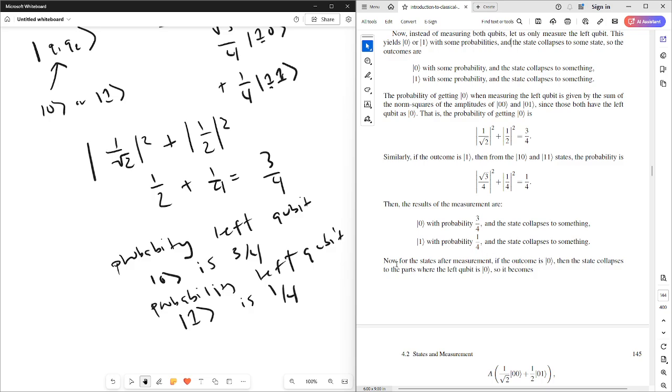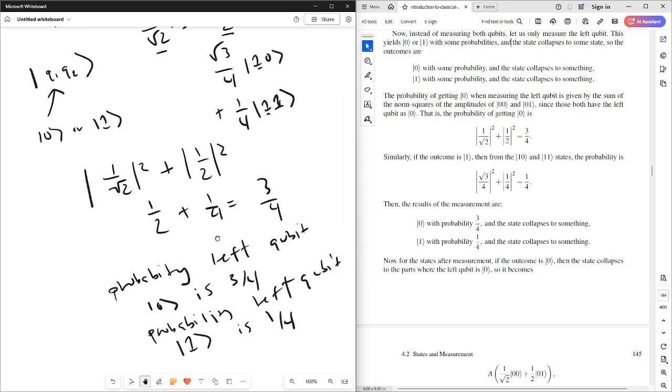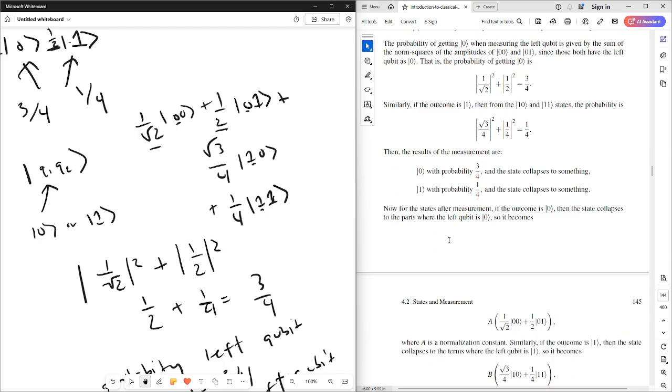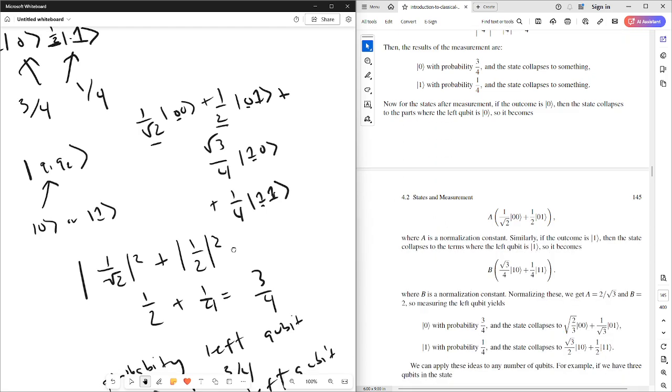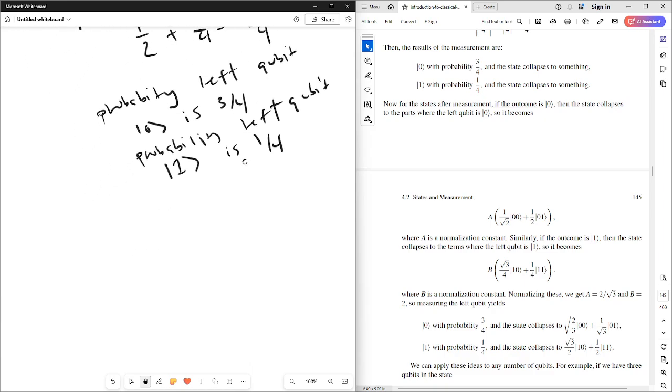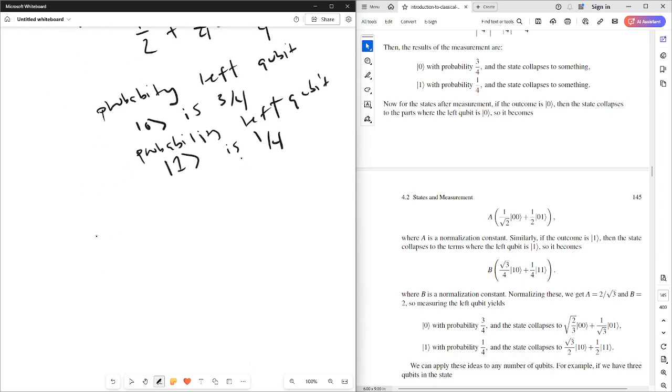So when we measure, then these are going to collapse to 0, 0 or 0, 1. Now, one thing that we noticed, so the state will collapse to these guys, right? Now, as we talked about with normalization, these have to equal 1.